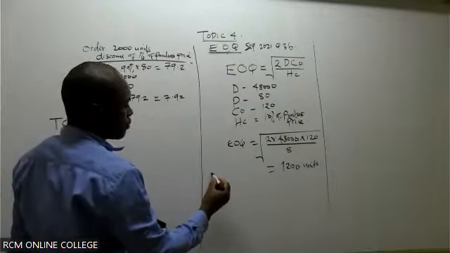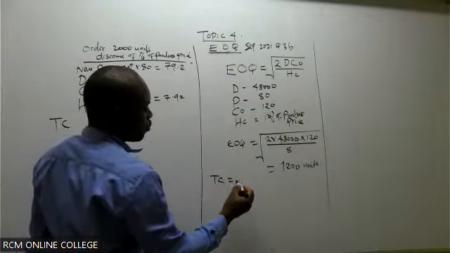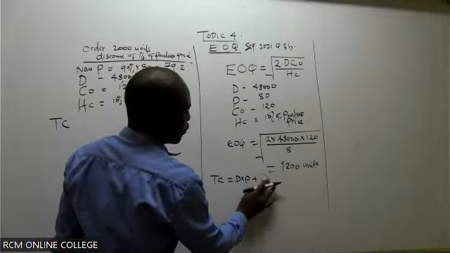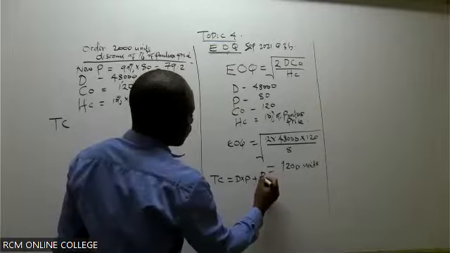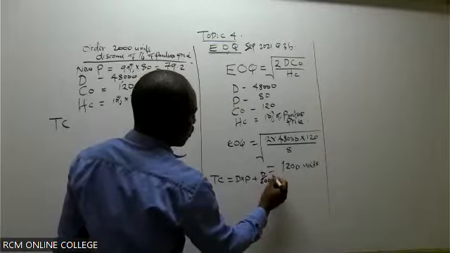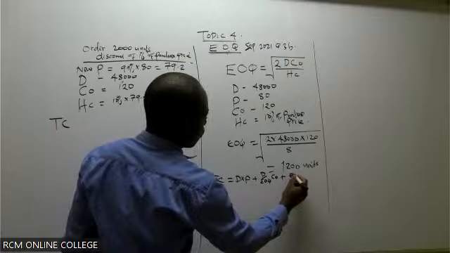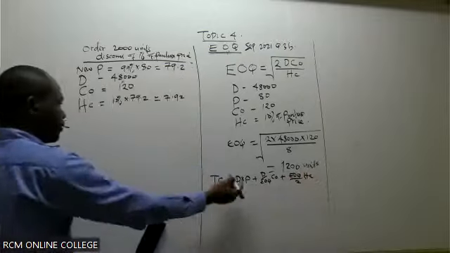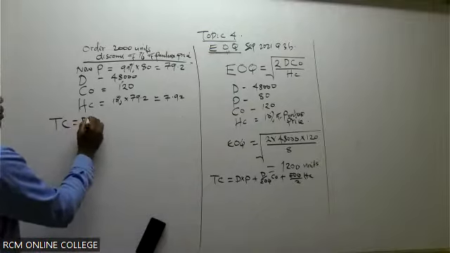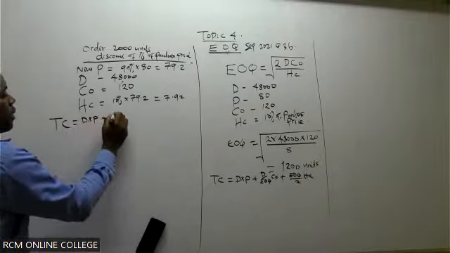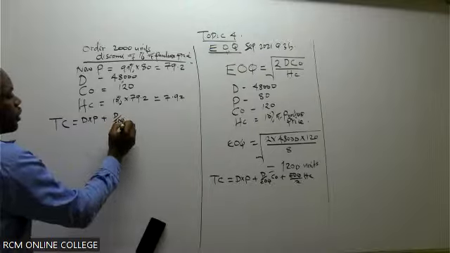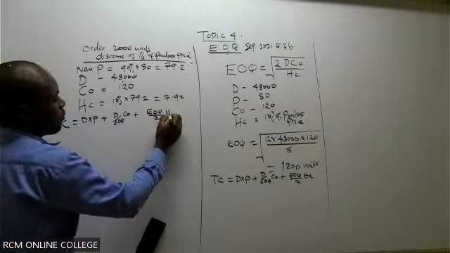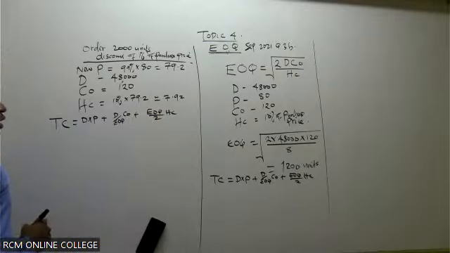So total cost is equal to demand times purchase price, plus demand divided by economic order quantity times ordering cost, plus economic order quantity divided by 2 times holding cost. The same will apply here.